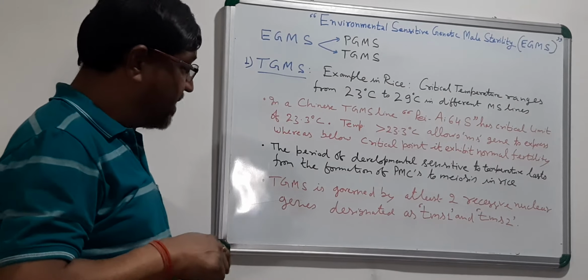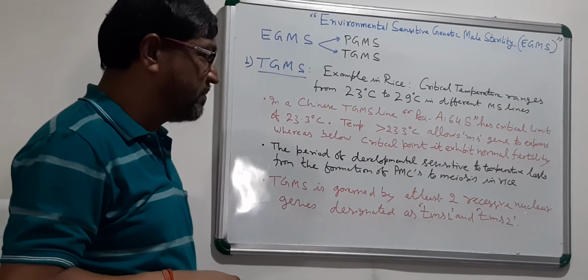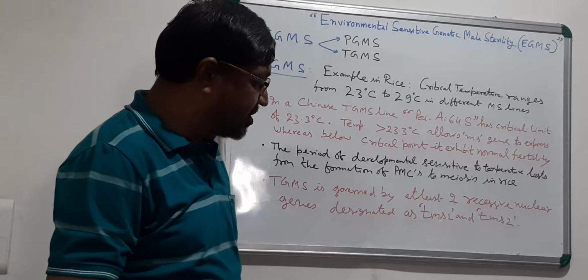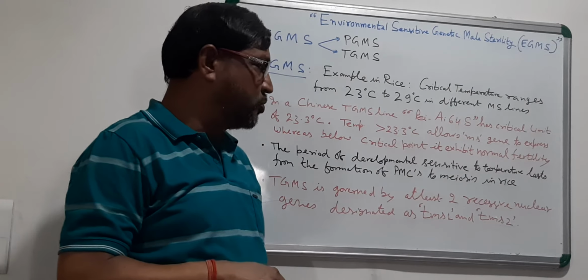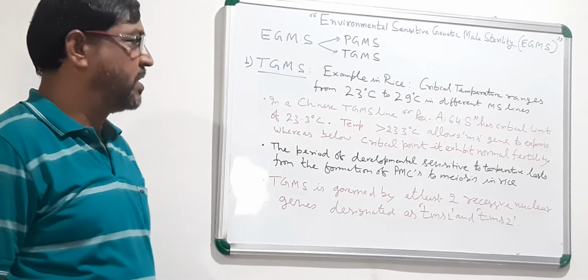So here if you see, the TGMS is governed by at least two recessive nuclear genes designated as TMS1 and TMS2, because it is recessive here in case of TGMS.